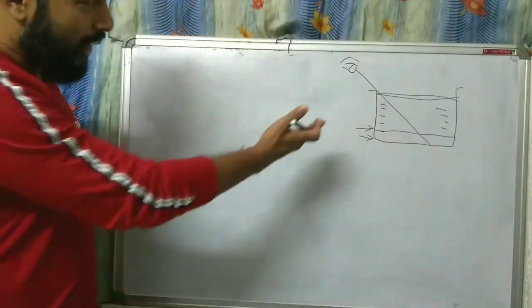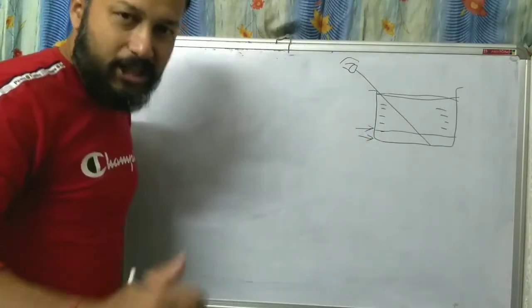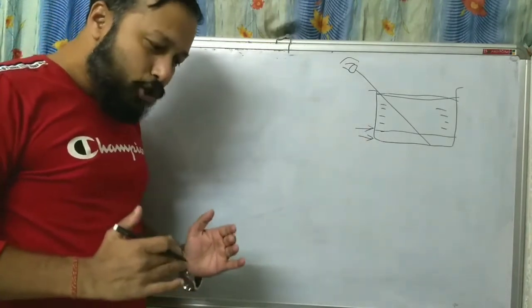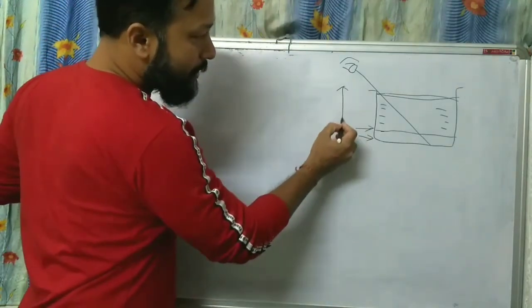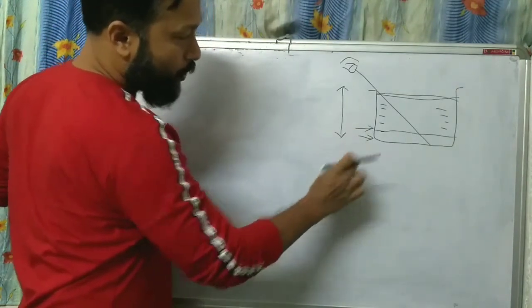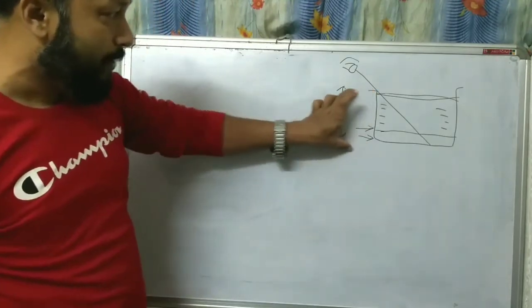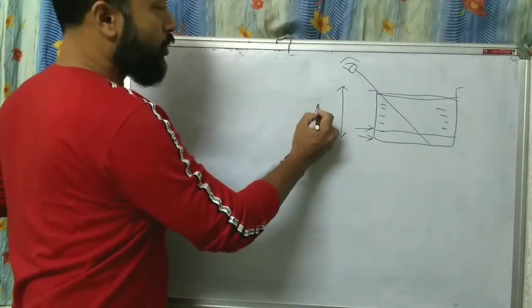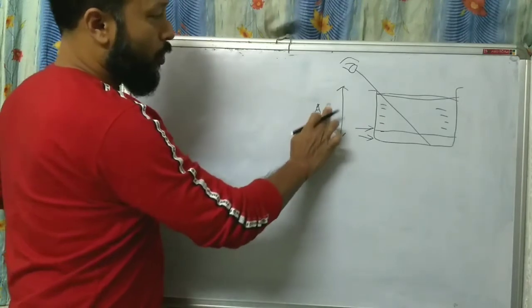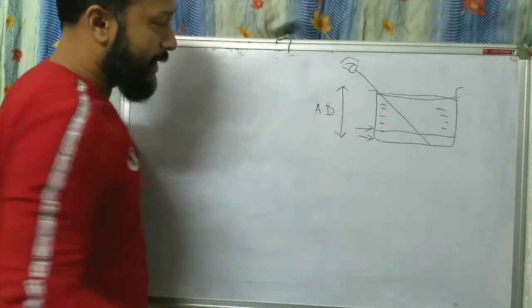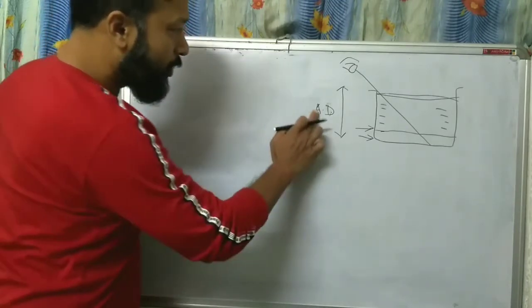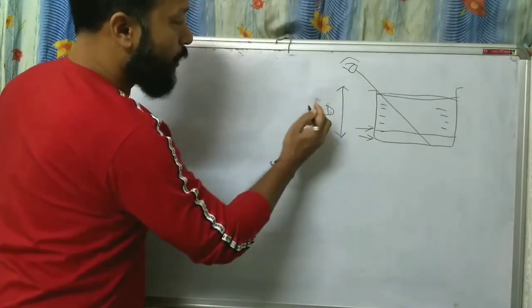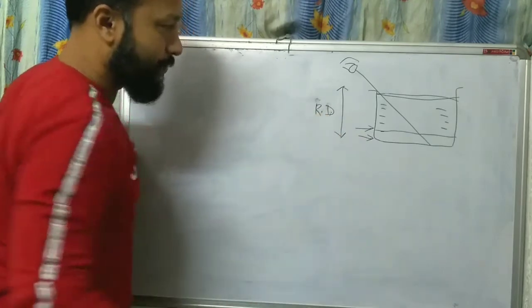Now for this vessel, if I ask you what is the actual depth, then you will say that this is the actual depth of the vessel. This is the actual depth, or you can write AD, actual depth. We also call it real depth, actual depth or real depth.